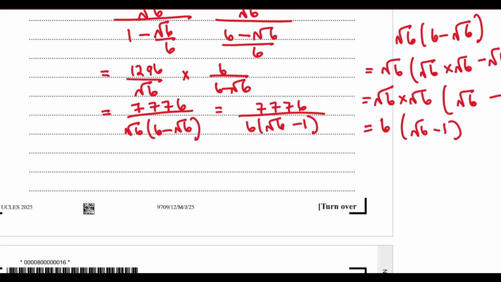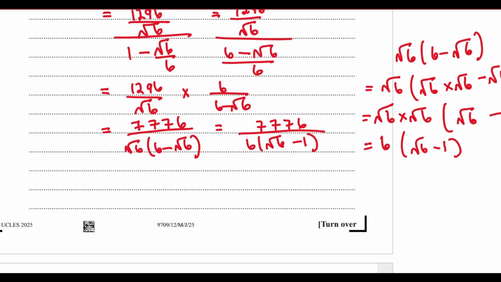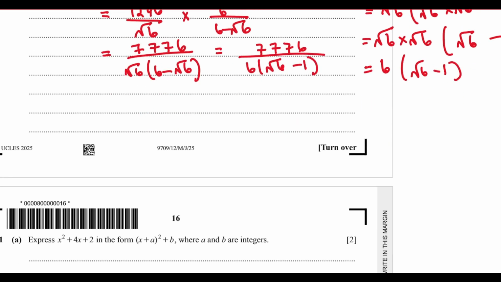Okay. Am I still on the right track? Always need to make sure. Okay. And now 7776 divided by 6 is 1296, and we still have left square root 6 minus 1.